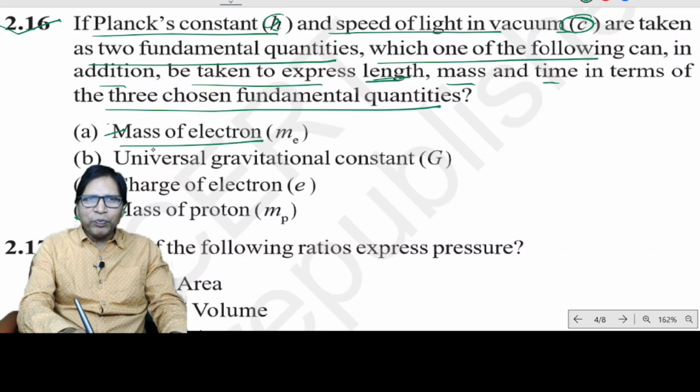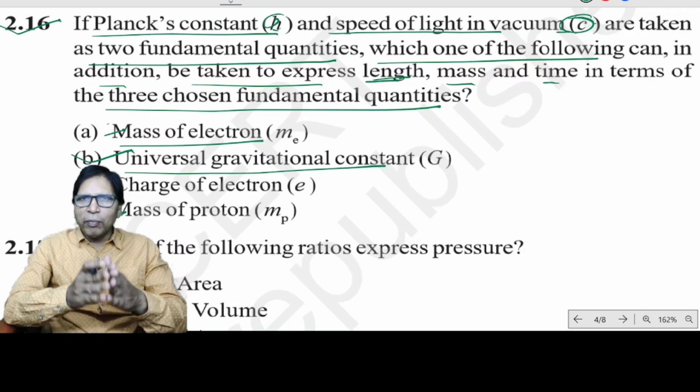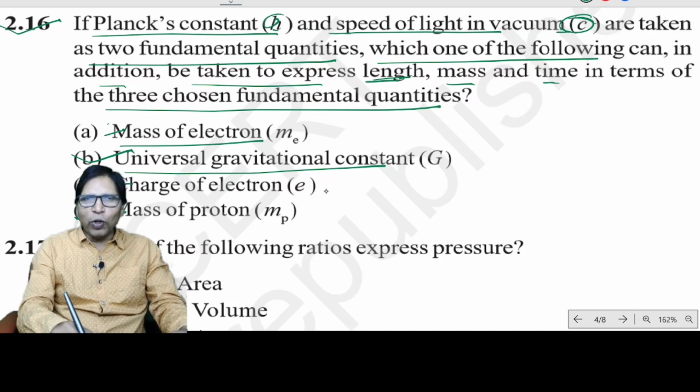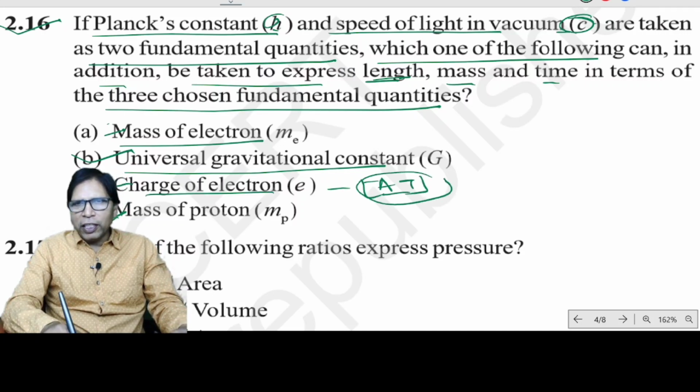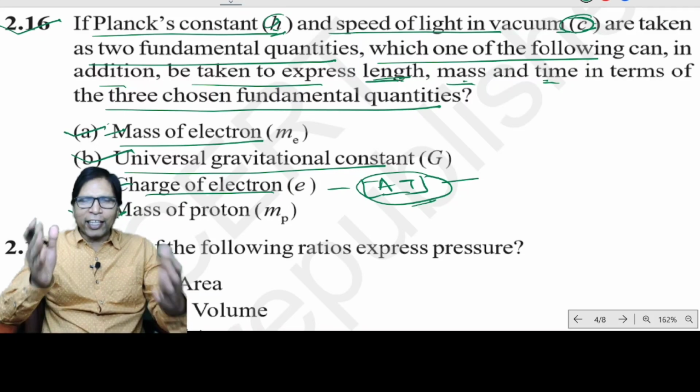Okay, now universal gravitational constant, yes, universal gravitational constant can also be used to express mass, length, time with h and c. Okay, now charge of electron, look at this, charge of electron is the A into T. So this physical quantity is not used to express length, mass, time with the help of h, c and charge of electron. So look at this here, A correct, B correct and D are correct.